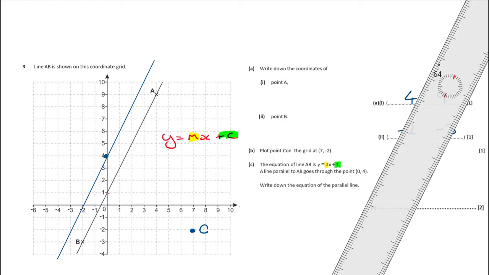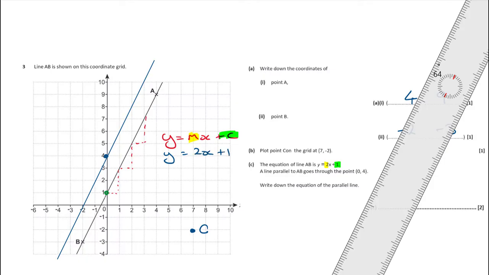For every 1 unit you go along, you go 2 up. So that's why it's got a gradient of 2. And the y-intercept is 1 because the line passes through the y-axis at the value of 1. So the equation of this line then is y equals 2x plus 1.